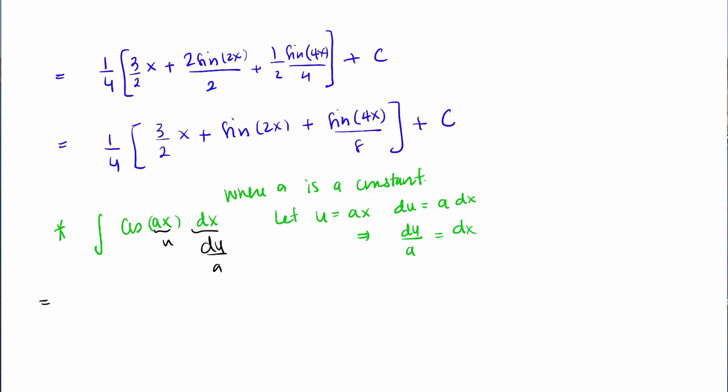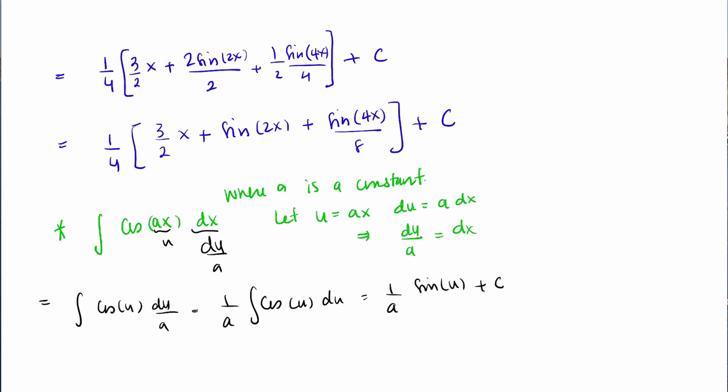So you rewrite your integral: it is the integral of cosine of u du divided by your number. Take that 1 over a out, and this is 1 over a times sine of u plus a constant, and you always have to go back to x: 1 over a sine of ax, plus a constant.